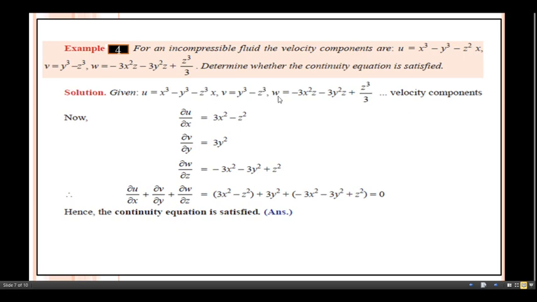So what about the next one? You have to differentiate w with respect to z. What about the derivative of this one?